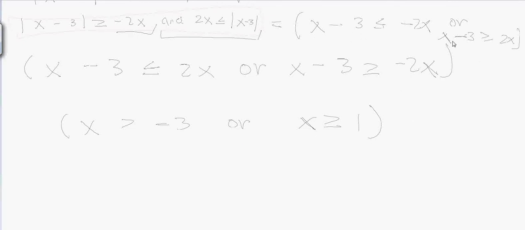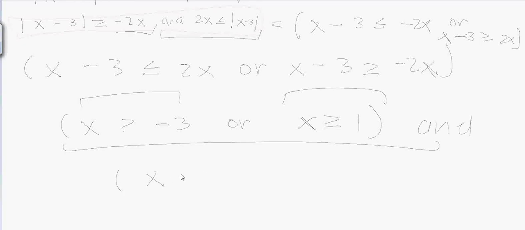When you isolate x in the other case, you also get x less than or equal to 1, or x is less than or equal to negative 3. You can find this by solving for x in this binomial.